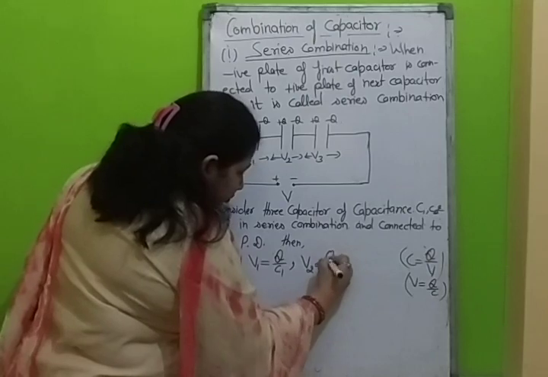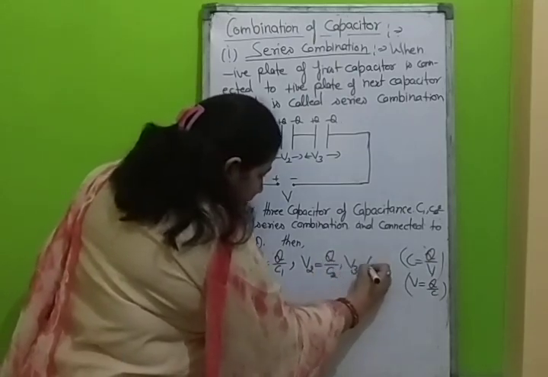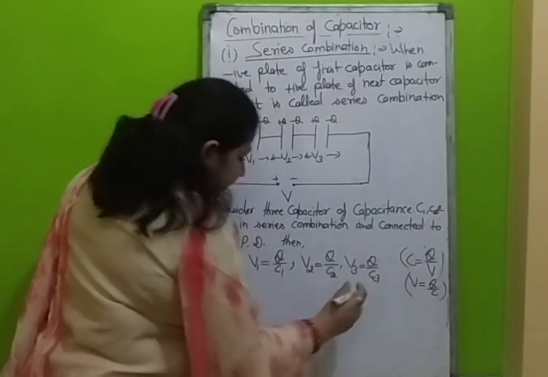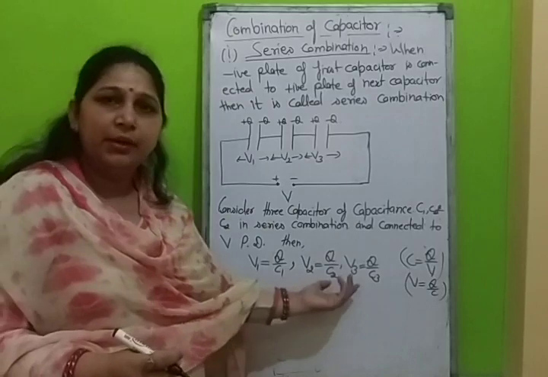V2 is equal to Q upon C2. V3 is equal to Q upon C3. These are the potential differences across the individual capacitors.